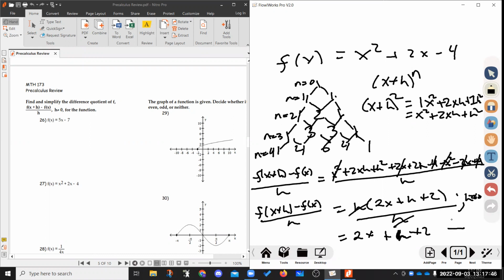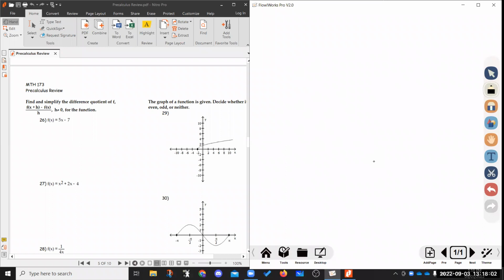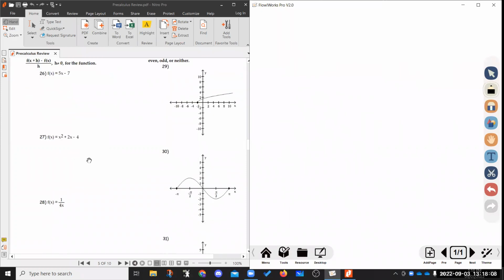We can understand that because it doesn't grow at a constant rate. If I get close to that line, that's less of a slope than if I get further away. So that all makes sense to me. The difference quotient is going to be the slope of your secant line, or your average rate of change.